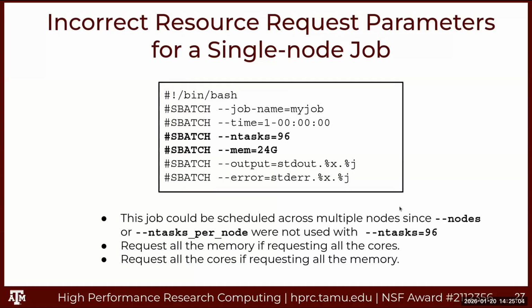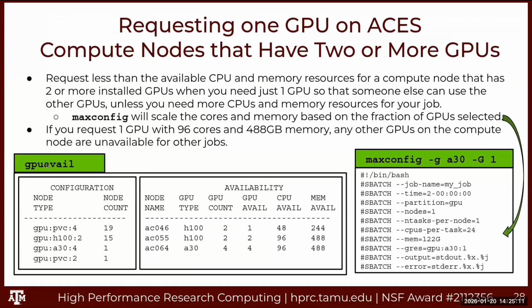This is again similar to the last slide. Kind of covered this earlier. Max config shows you the recommended SBATCH parameters and scales the memory and CPU so that you're not tying up the entire GPU node.